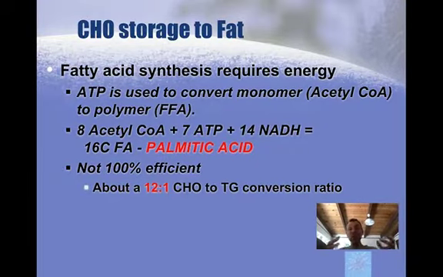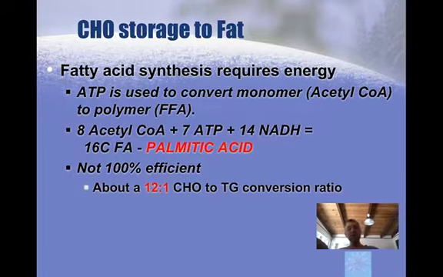So that's 8 acetyl-CoA, 16 divided by 2, and it requires 7 ATP and 14 NADHs, which, as you know from the Krebs cycle, are typically formed in the Krebs cycle, at 3 ATP per NADH in the electron transport chain. That is a boatload of potential energy it takes just to make one fatty acid. Ultimately, when we break down fats, we do get a lot of ATP back, but that's a high investment for pretty low yield in relative terms.